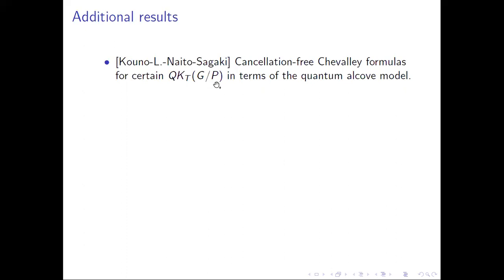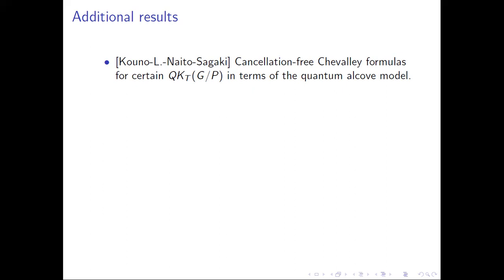Now it was easier to obtain the formula for the full flag manifold G mod B, because that's uniform, and it turns out that for G mod P, you cannot write a uniform formula. And we could only do it for certain partial flag manifolds.